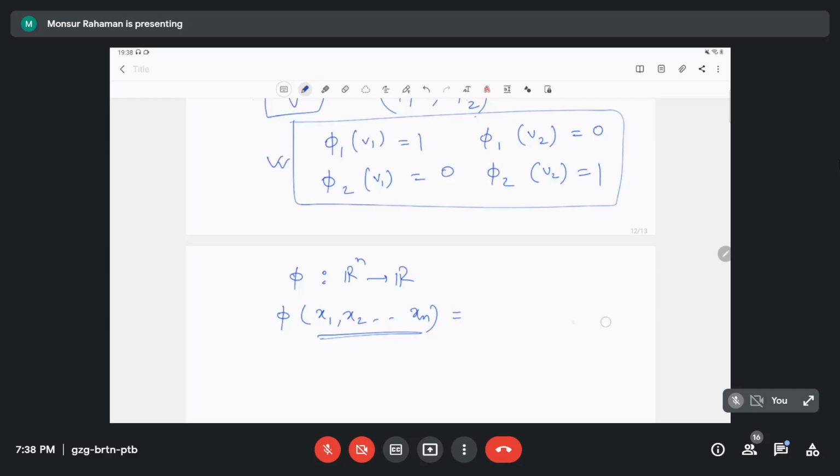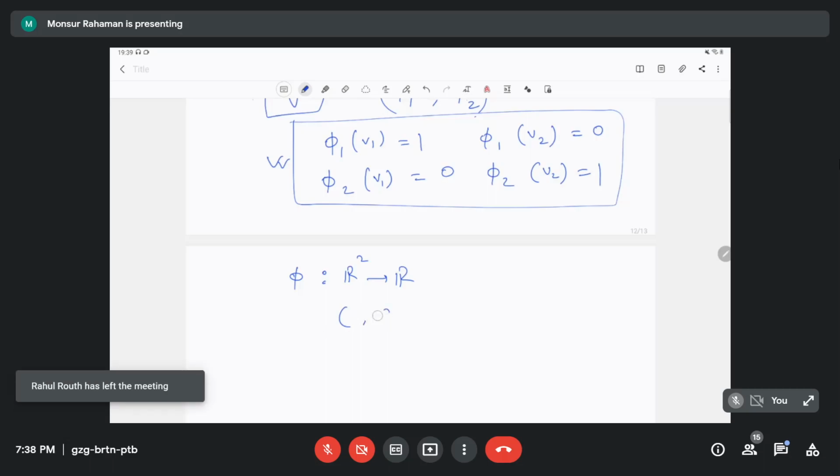So simply, how can you express this? If I take R2 and take two components, not A and B, but X and Y, this phi, how can you express it?